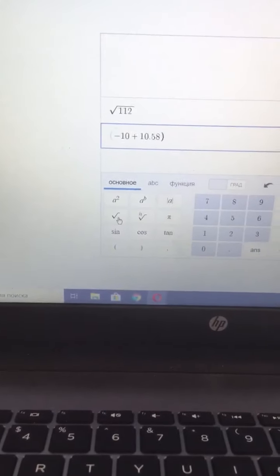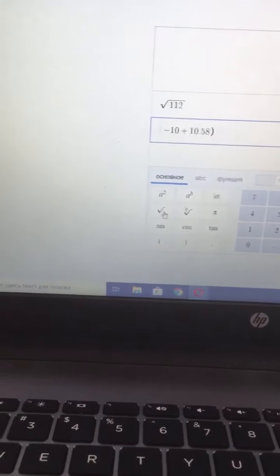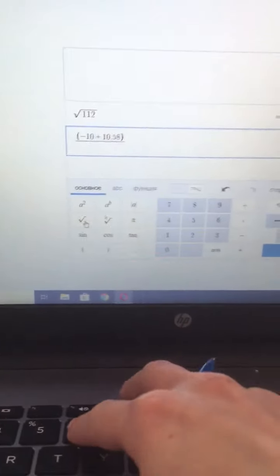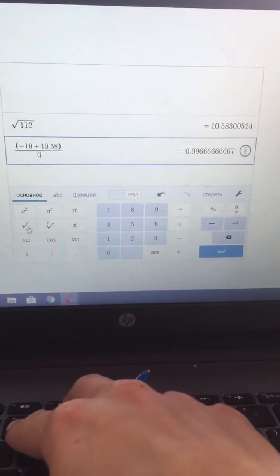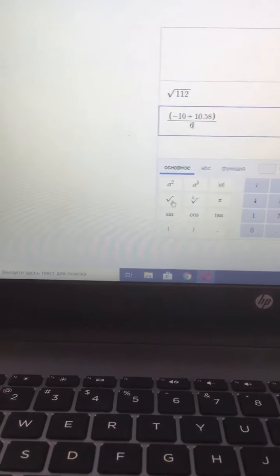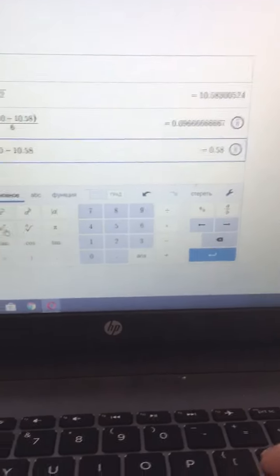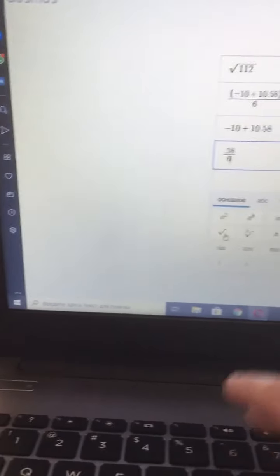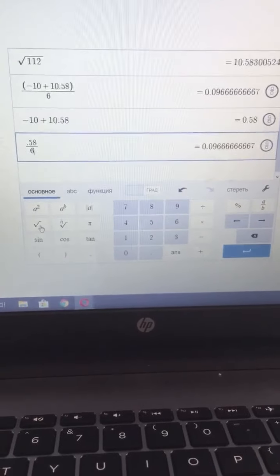Put that in parentheses because it's in the top of the fraction. And then just put divided by 6. And you'll see it's about 0.097. What you could also do is negative 10 plus 10.58, and then remember that number, so it's 0.58, and then you're just doing 0.58 over 6. So still 0.097 for one of our answers.